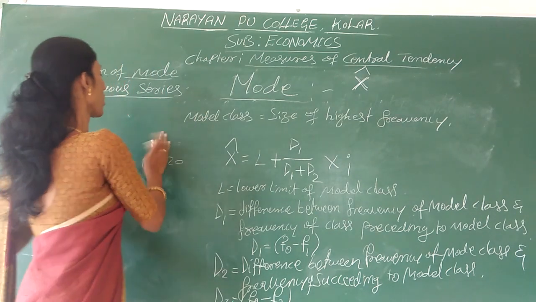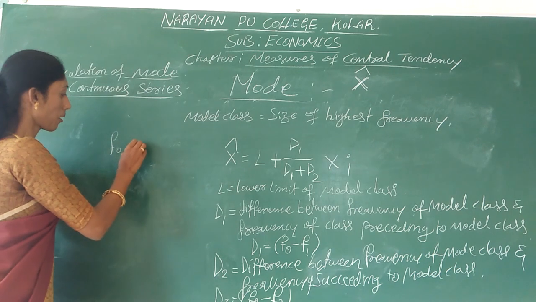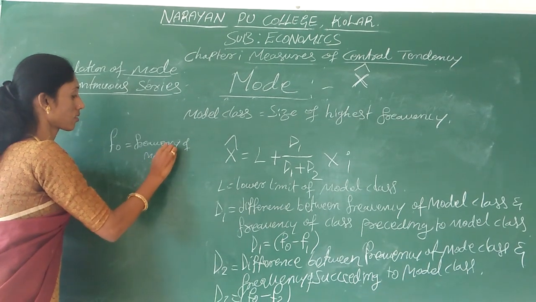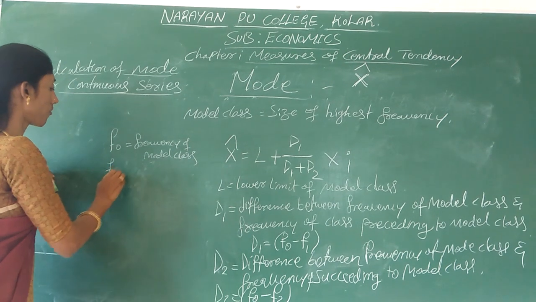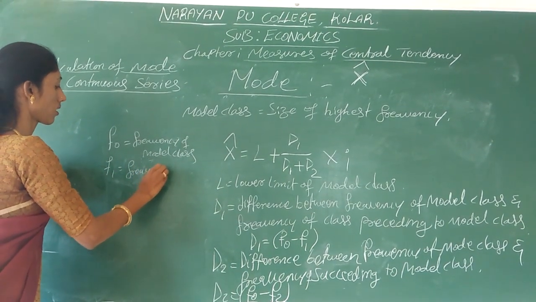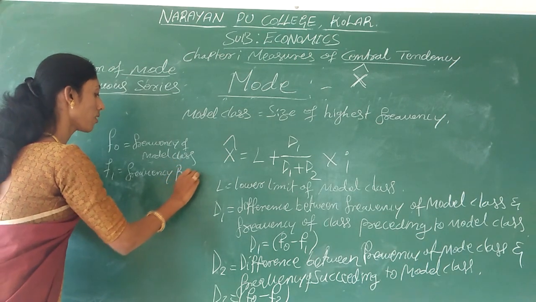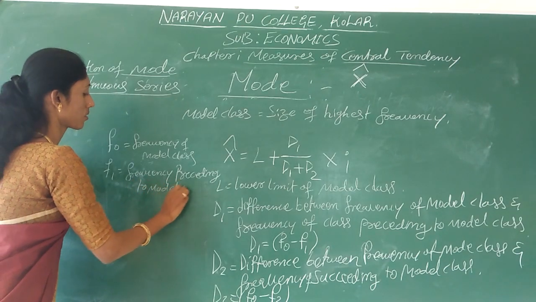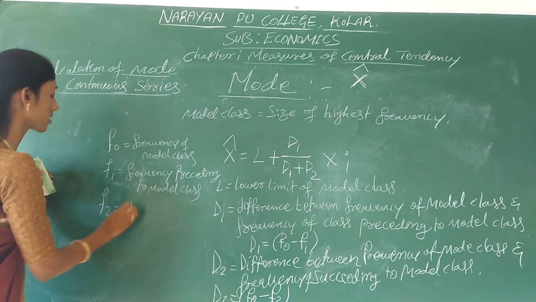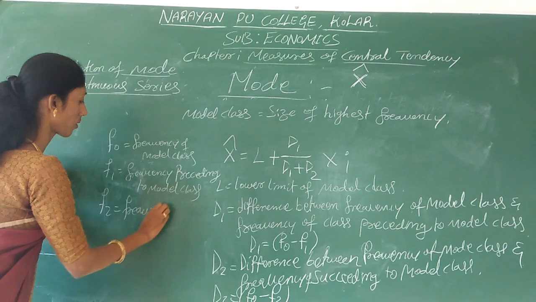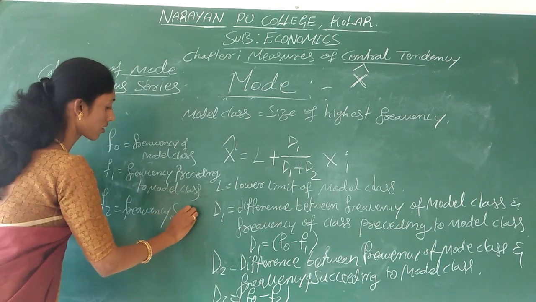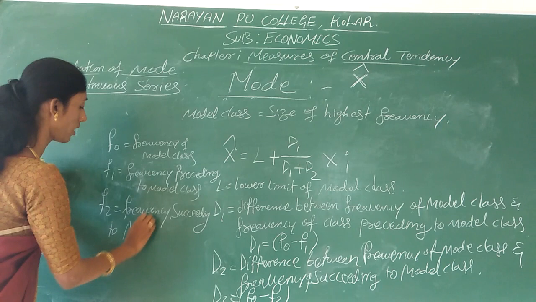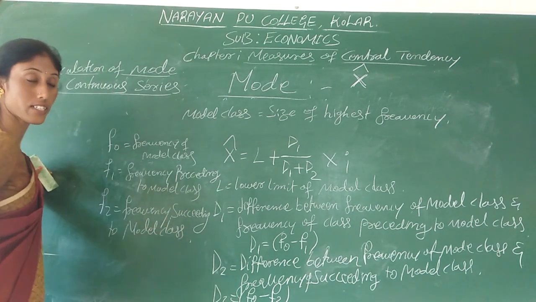Keep in mind: f0 means frequency of mode class, f1 means frequency preceding the mode class, and f2 means frequency succeeding the mode class. Got it right?